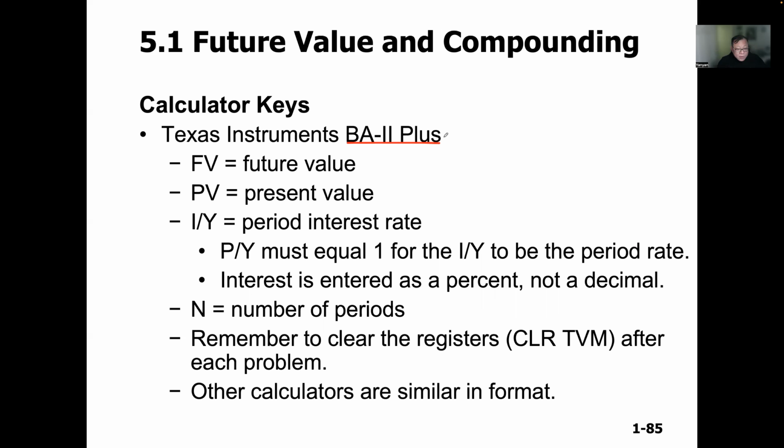Make sure every time you do a calculation, you clear the registers after solving each problem. So you're going to press the button CLR TVM. So every time you need to clear the registers. Okay.